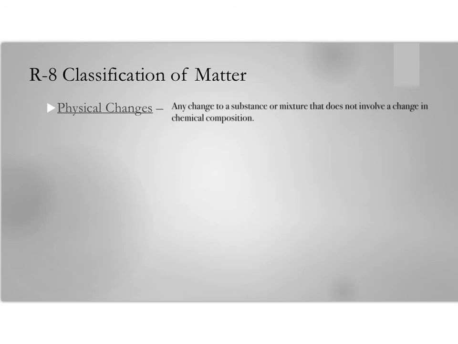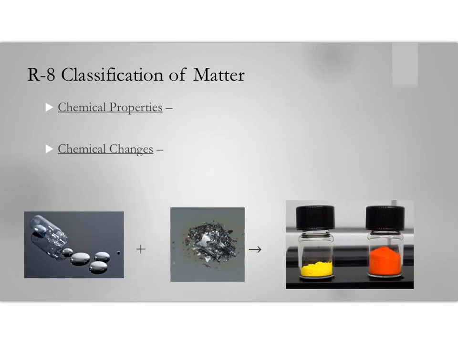Physical changes are changes that occur without changing the chemical composition of the substance. Like I said before, ripping a piece of paper, boiling a liquid, freezing a liquid into a solid, cutting, breaking your bones, those are physical changes.